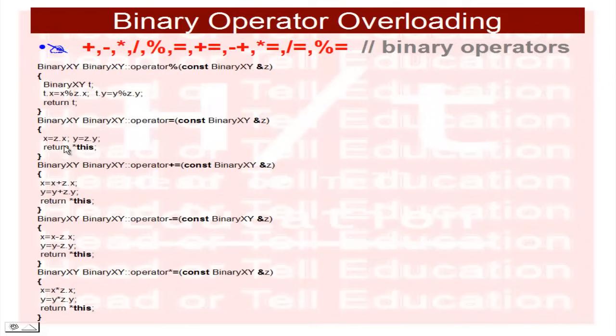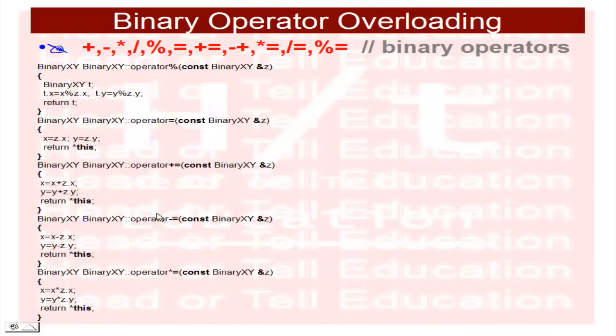Okay, and the star is showing the value of this because I am returning the binary xy object. Okay, if I remove the star here, this points to the current object address, but I use the star so it gives the current object's value.